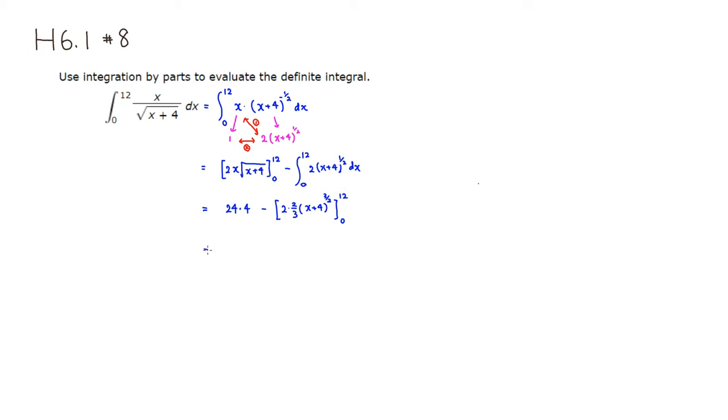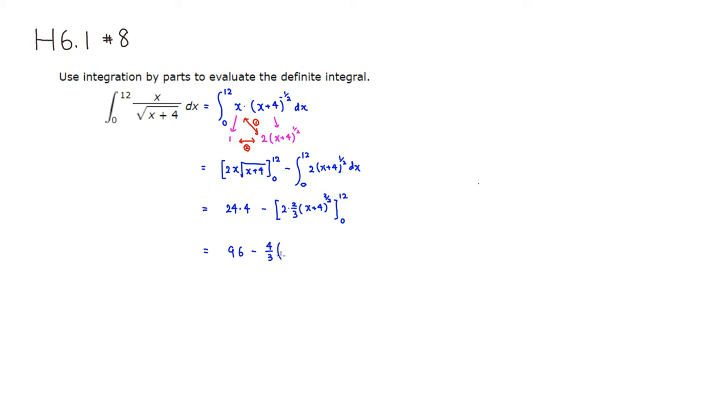So this is going to be equal to 4 times 24, which would be, let's say 4 times 4 is 16, and 2 times 4 is 8, so it's going to be 96, minus. I'm going to pull out the constant, 2 times 2 is 4 over 3.